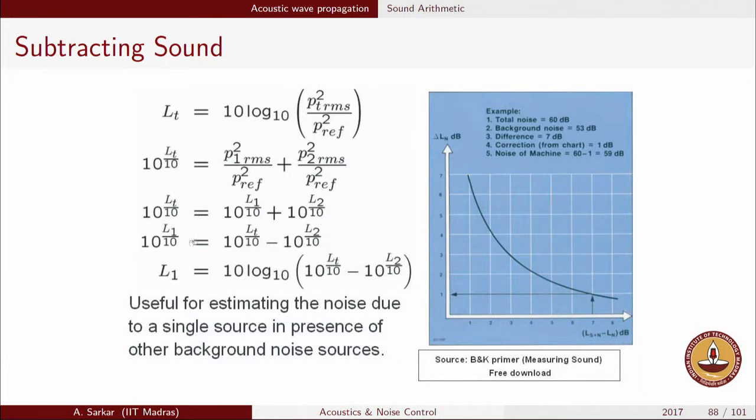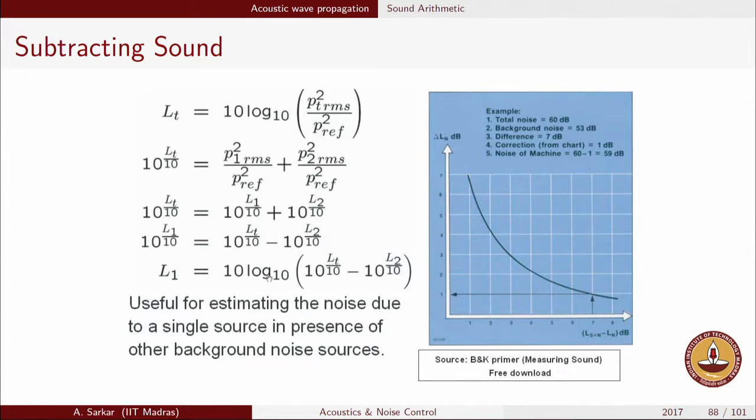We just turn this around and write it in the following form, where 10 to the power L1 by 10 is 10 to the power LT by 10 minus 10 to the power L2 by 10, right. So, therefore, L1 can be written as, if you take logarithm of it and multiply by 10, you will get 10 log 10 of 10 to the power LT by 10 minus 10 to the power L2 by 10.